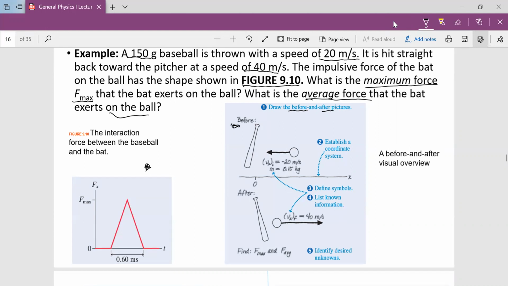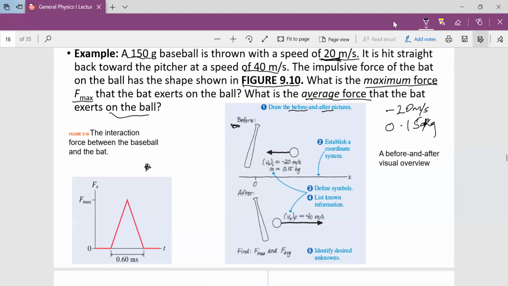So having established that assumption, we'll bring out the before picture. The ball was thrown at a velocity of 20. Now I've specified the direction, which brought about the minus 20 meters per second that you see there. Then the mass of the ball is given to us as 150 grams. Taking that to kilograms, we'll have 0.15 kg.